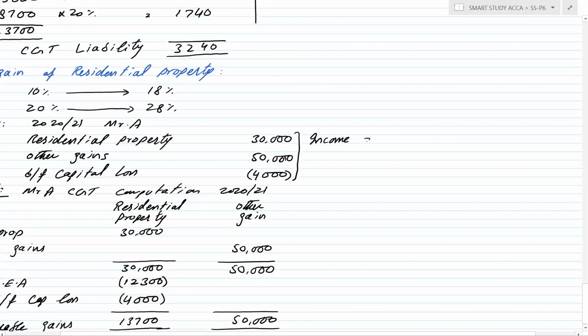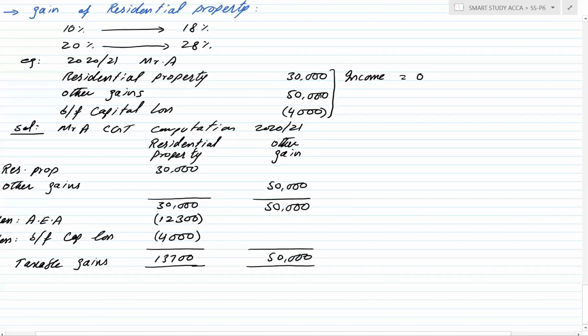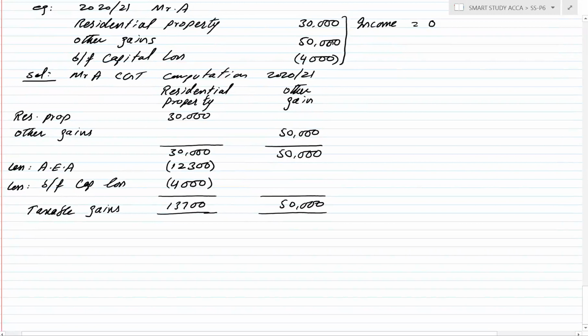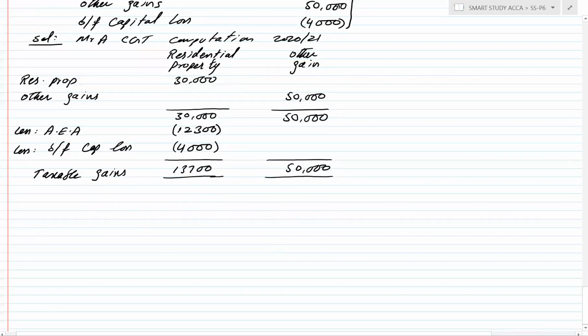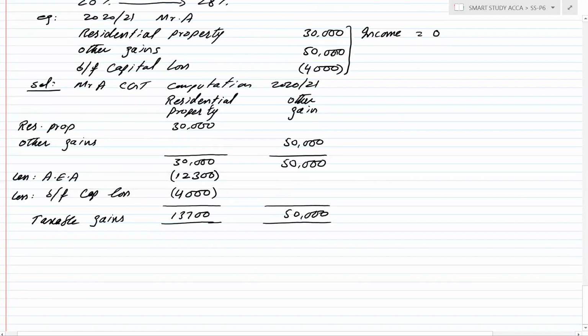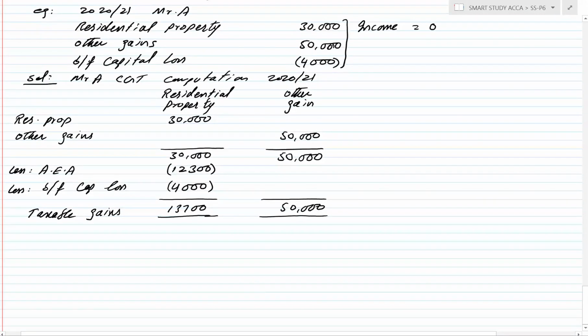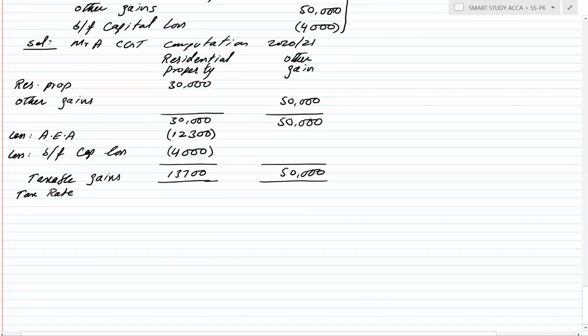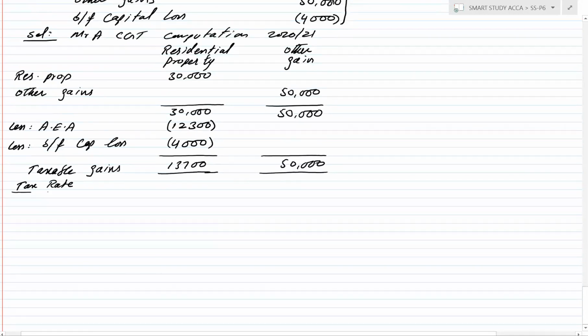Suppose the income of this individual is 0. If the income of this individual is 0, it means 100% of the basic rate band is unused. When applying the tax rate, first of all, we will apply tax rates on the residential property.